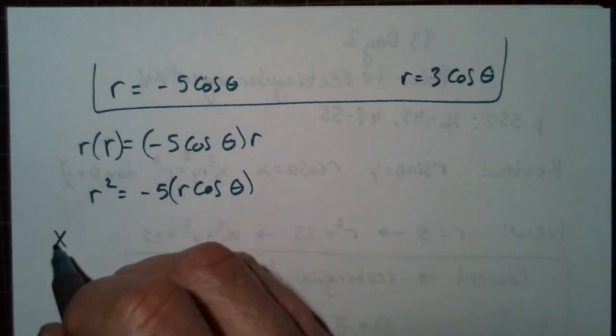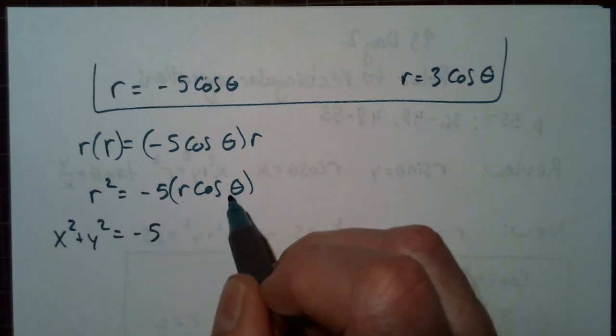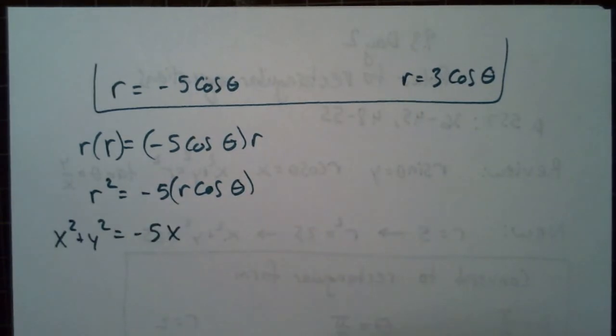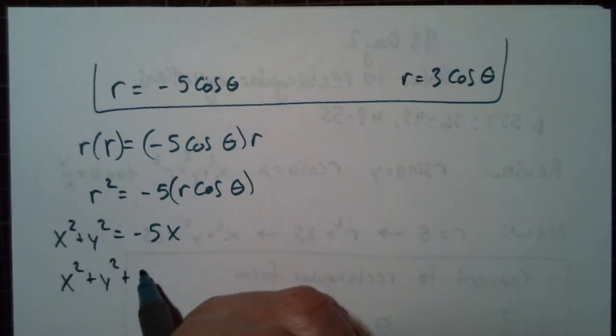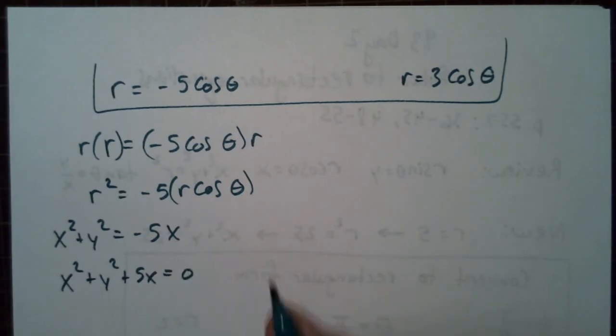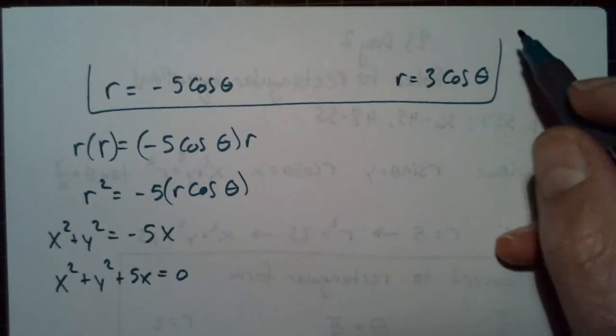And r squared is x squared plus y squared. R cosine theta equals x. And we could just write this as that rectangular form. Pause the video and try that one.